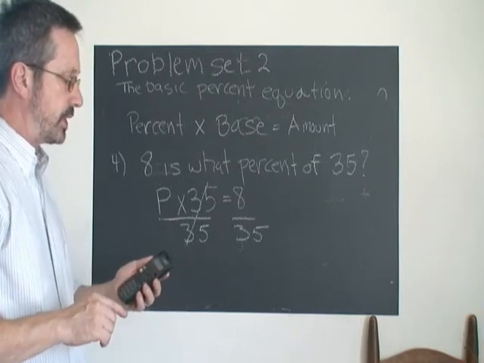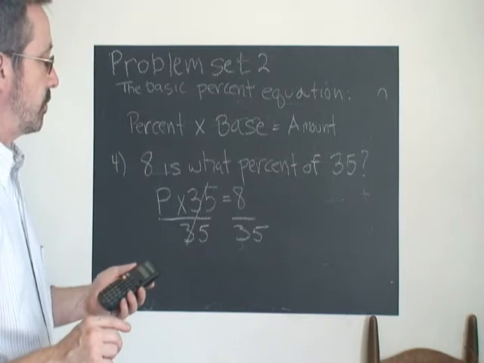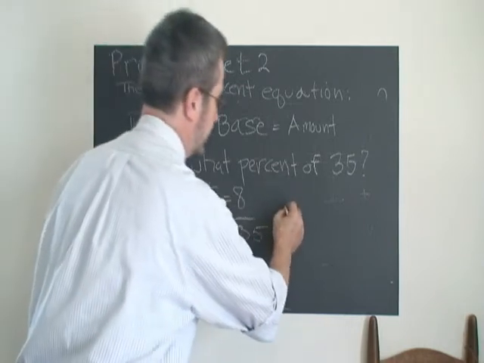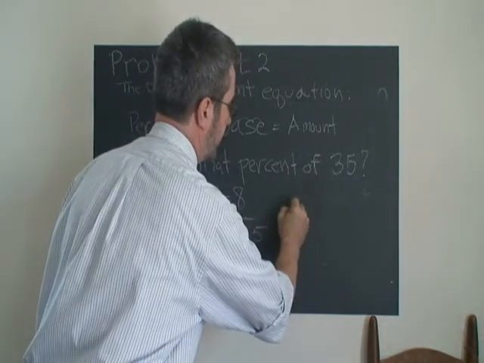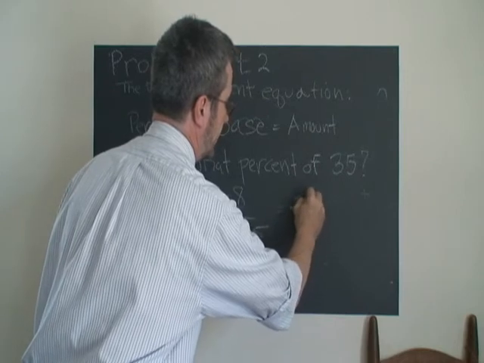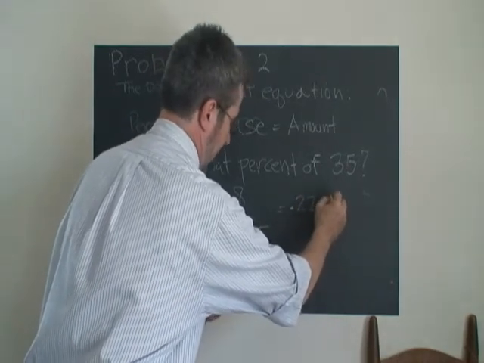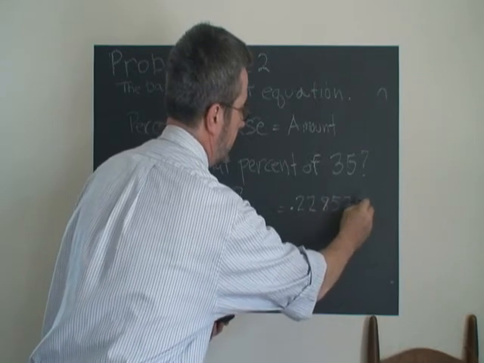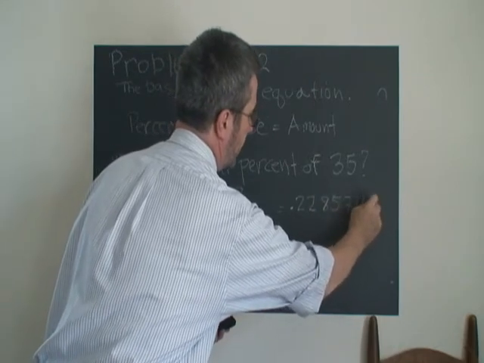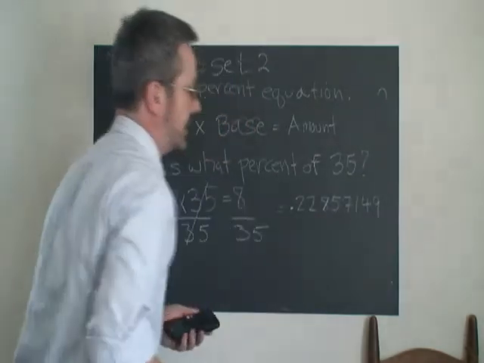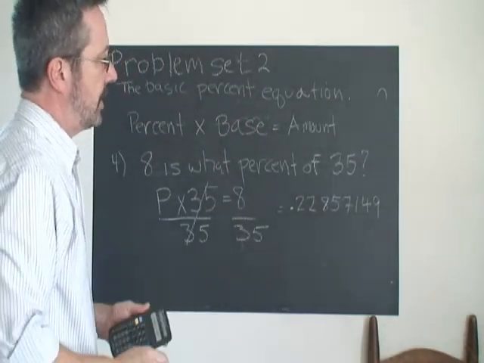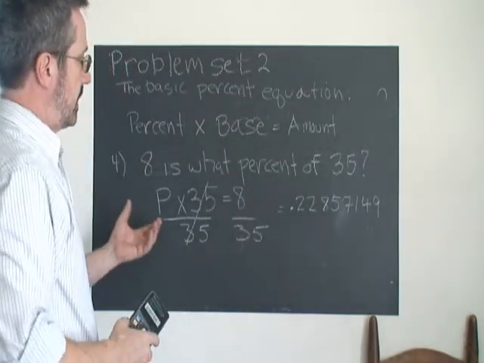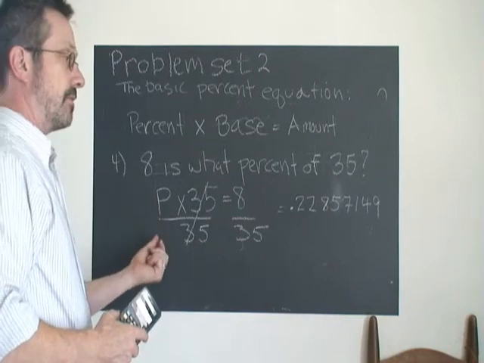Now that is 0.228571429 and some change. This is what I see on my calculator. 0.228571429, and it continues.